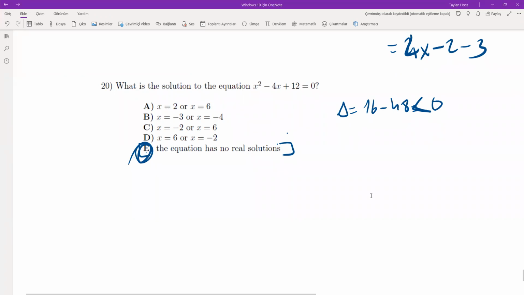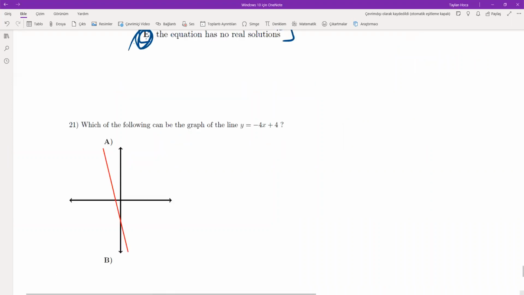But first, do a quick check with the delta if you have this in the answers. And if you believe that delta is less than 0, then please do it.